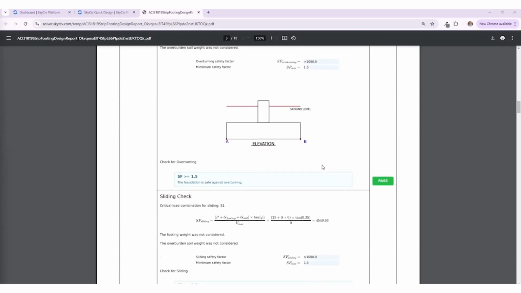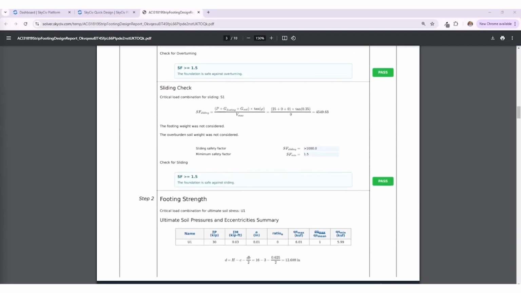Lastly, let's move on to the sliding check. Sliding safety checks ensure that the footing does not slide horizontally due to lateral forces.